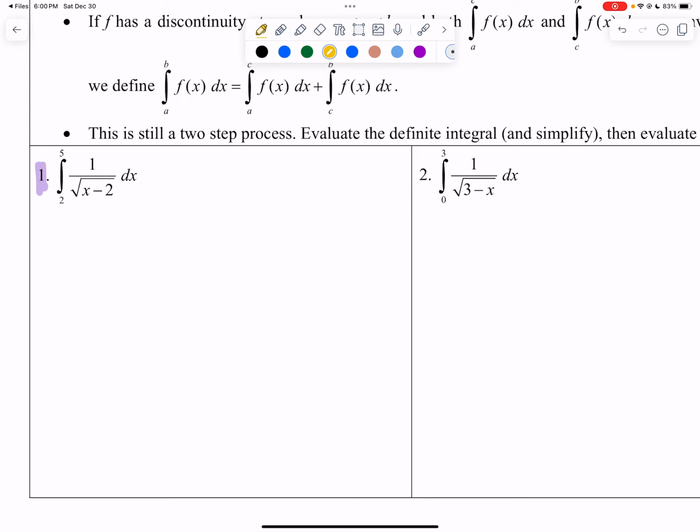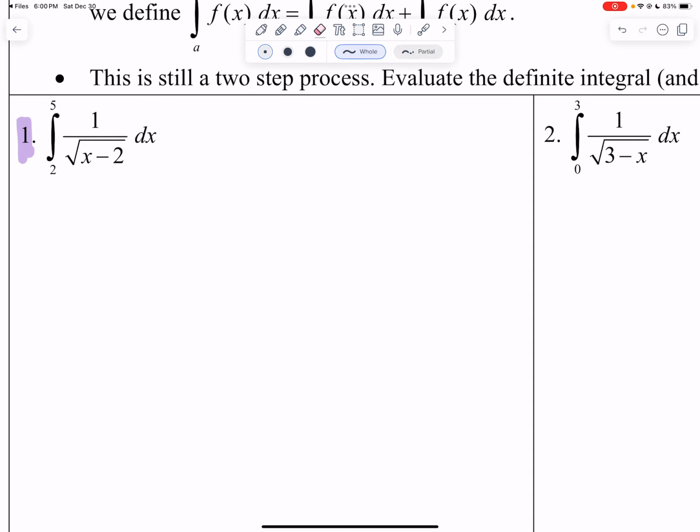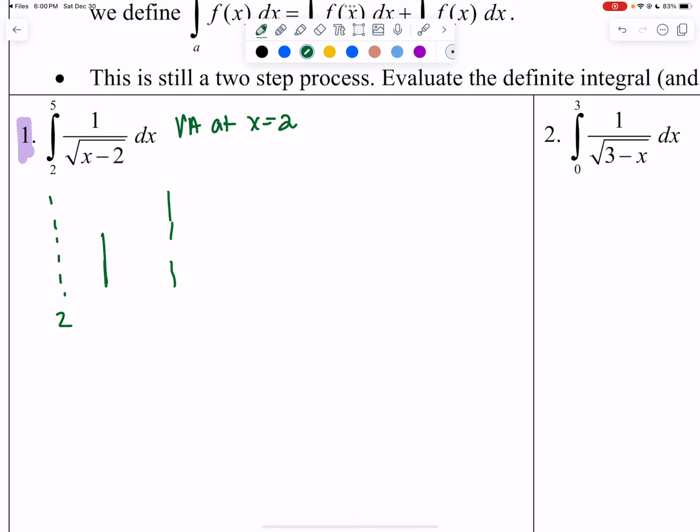Notice how here I have a vertical asymptote at 2, which is my lower bound. I don't know what this looks like, but I do know that if this is my graph and this is my line right here, and this is 2 and this is 5, and I want to go to 2, I'm going to be approaching the asymptote from the right side.